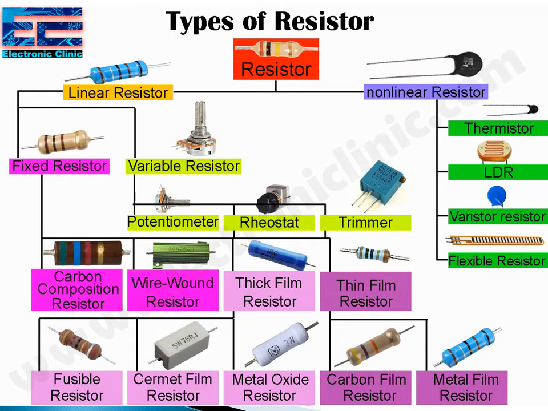Each of them has innumerable applications in small electronic circuits and hobby projects. So you can search about them and know more about it. You can Google them. Similarly, over here, linear resistors are also there, where fixed is there, variable is there. These are the two categories shown, and some pictures are also shown over here.